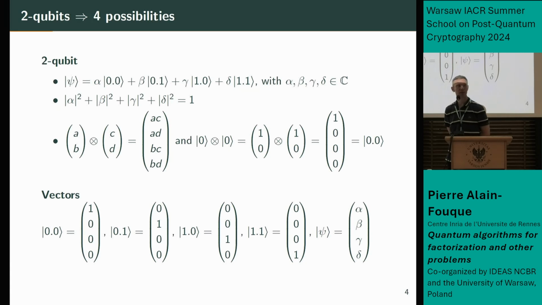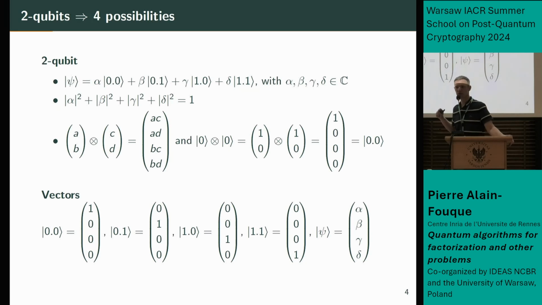And alpha, beta, gamma, and delta are complex numbers, so that some normalization relation holds. And when I compute the tensor product of these two two-dimensional vectors, I will get, in fact, A times the second vector, so the two first coordinates are AC and AD, and then the two bottom coordinates are B times the vector (C, D), so this is BC and BD.